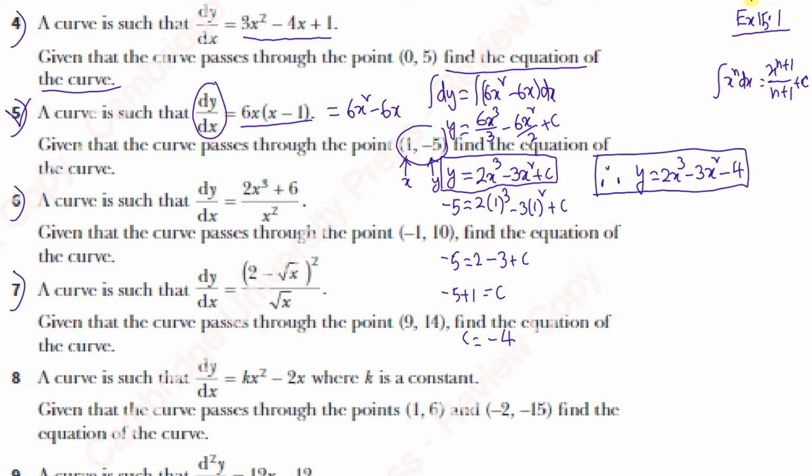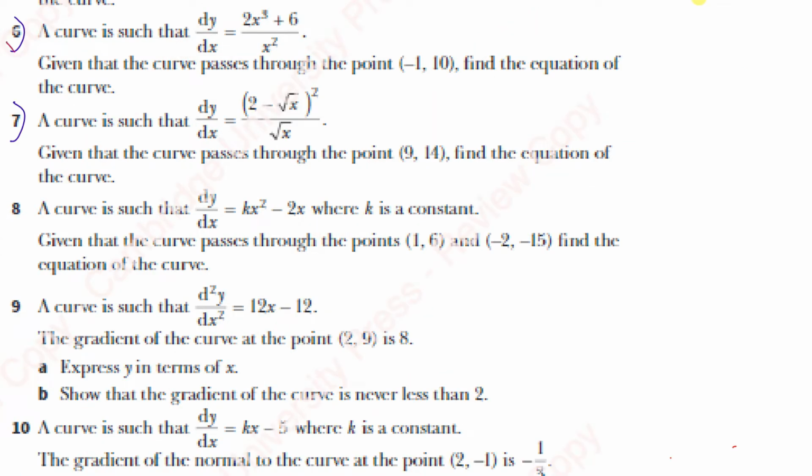So let me make a boundary here. Let's see question number 6. The expression needs to be simplified first, which is 2x cubed divided by x squared plus 6 by x squared. Then we can write the expression 2x plus 6x to the power minus 2.